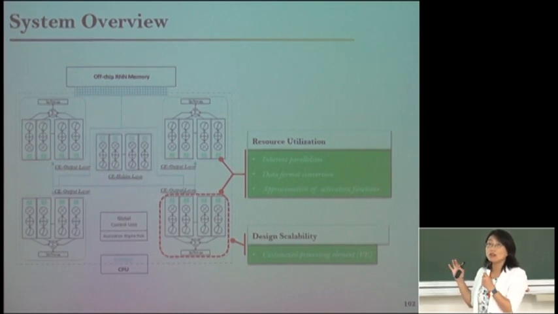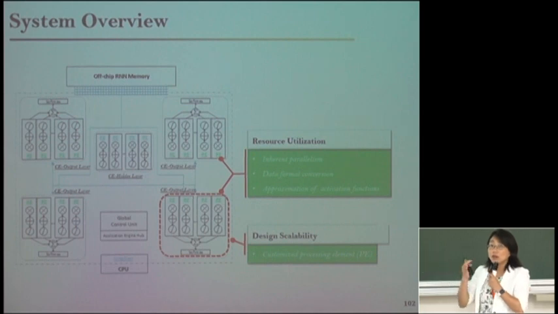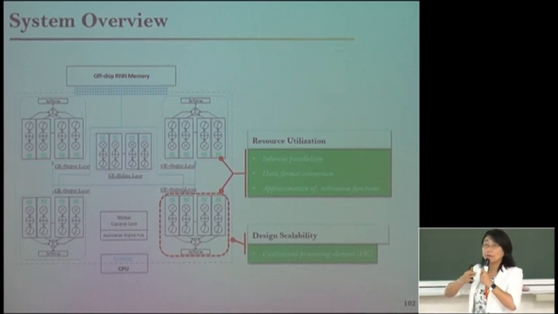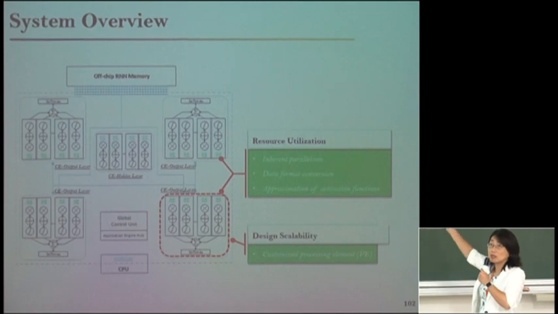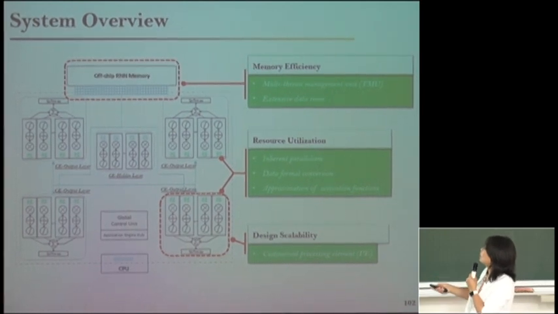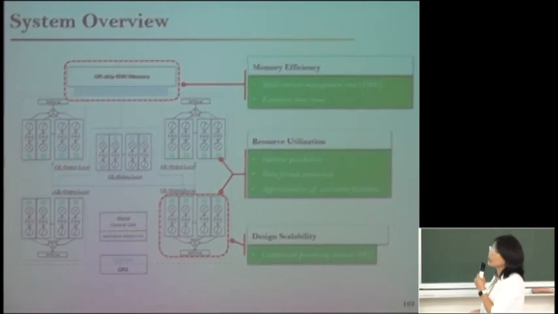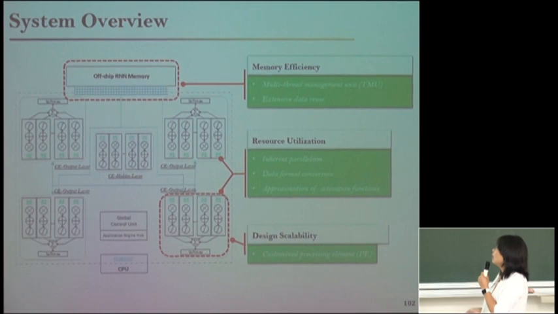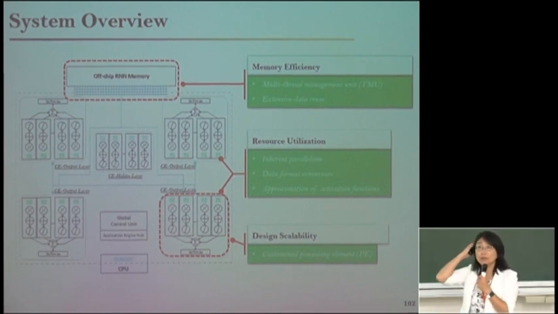This work was done on combo systems. It has multiple FPGAs. So if we are able to implement on one FPGA, we can extend it to many different FPGAs. Also, memory efficiency will be handled by the memory thread management units, and extensive data reuse has to be considered.